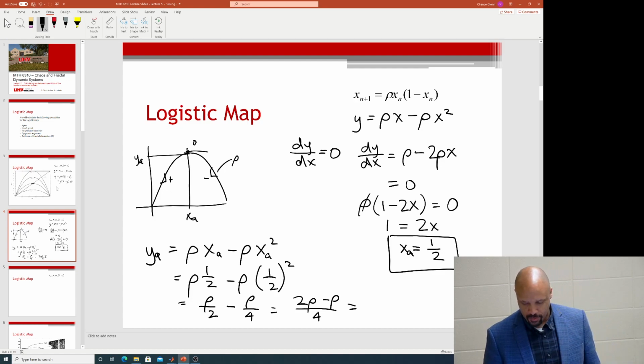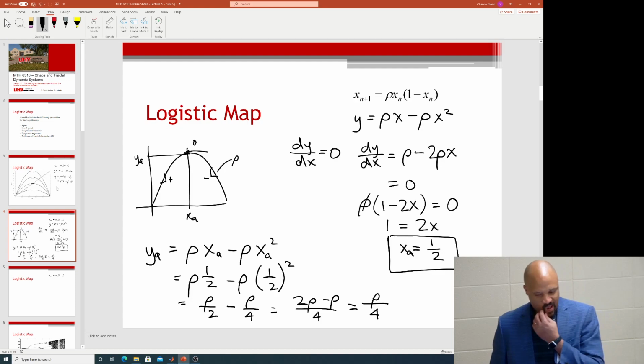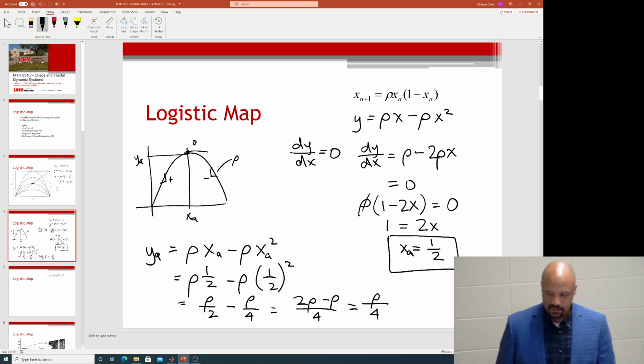Which is going to be equal to rho over 4. Okay? So that's the value at this point.